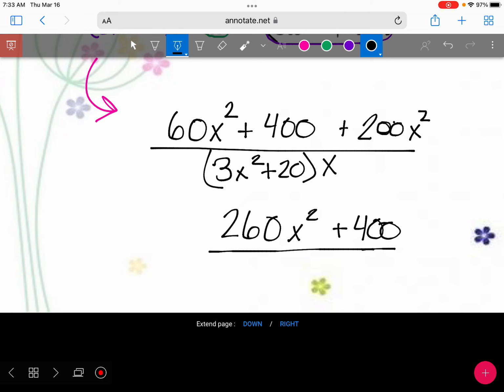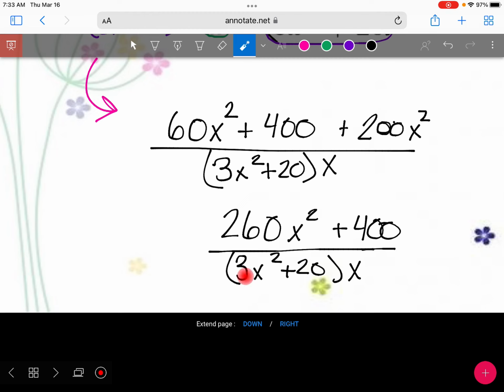And we're over, again, I don't really care if we leave it in factored form. If you multiply it out, pay attention to what the instructions say in the problem. Our lowest common denominator here is 3x squared plus 20 times x.